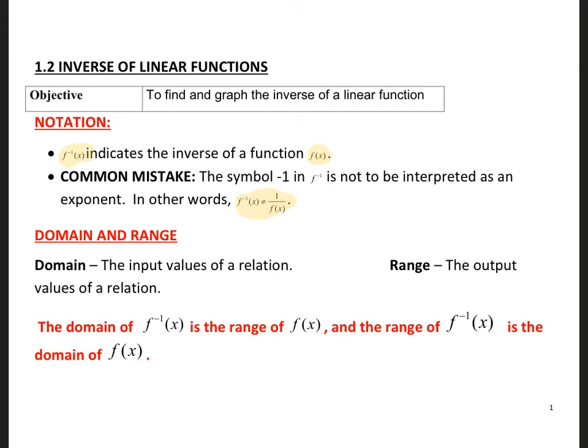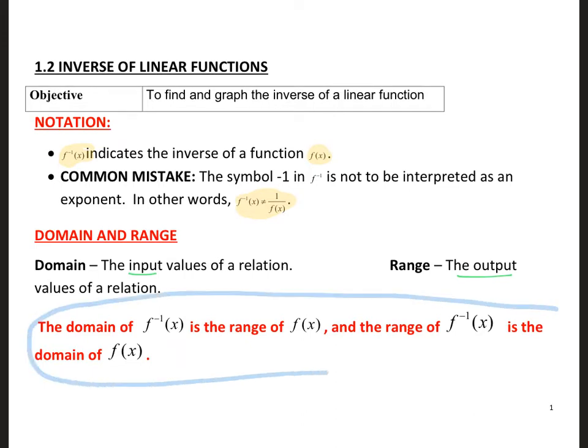So now let's do a quick review of some things we learned in Algebra 1. The domain represents the input values. The range represents the output values of a relation. Something else you ought to remember is this one here, and it says the domain of the inverse is the range of the original function.